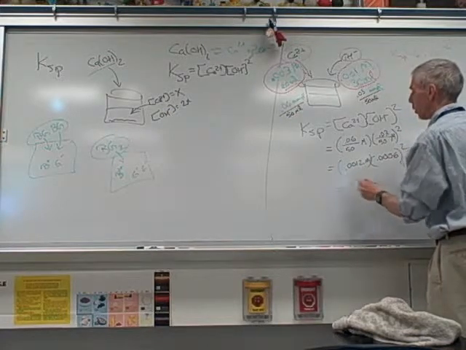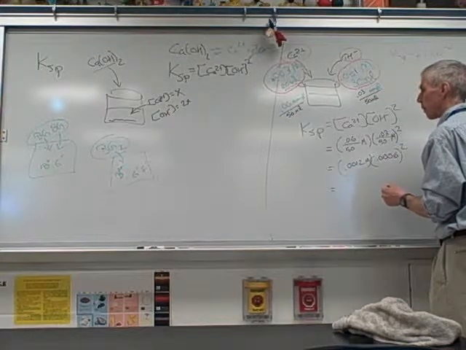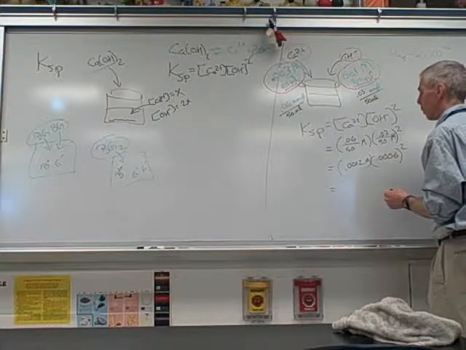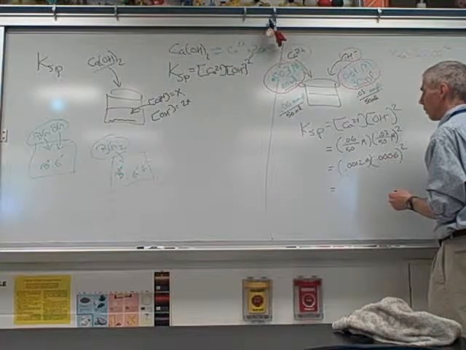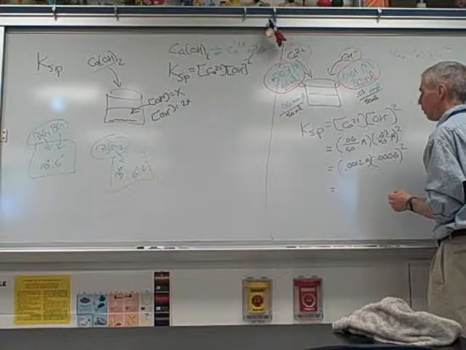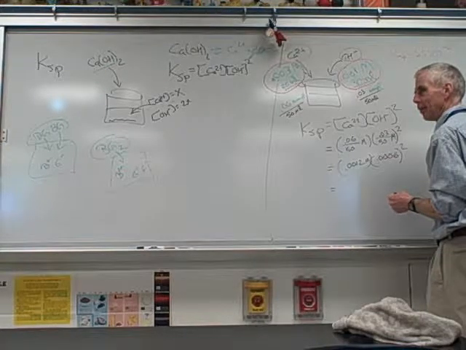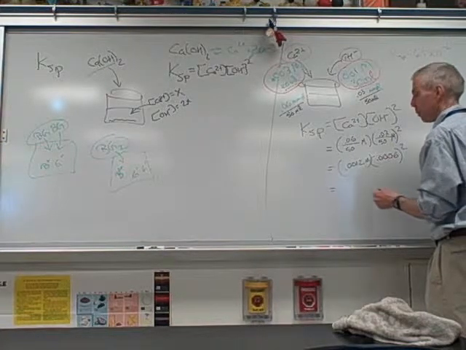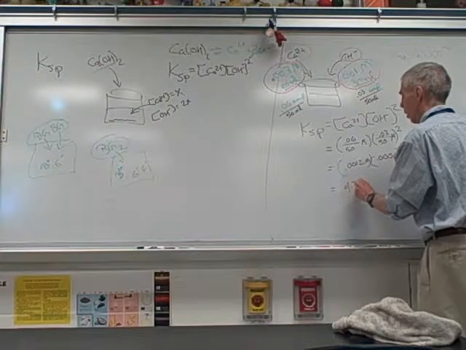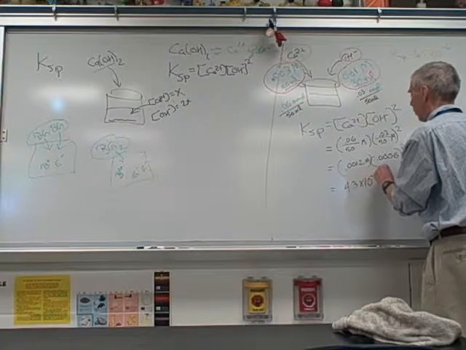And so what's that work out to be? It's a whole lot of zeros. Give it to me in scientific notation: 4.32 times 10 to the negative 10.